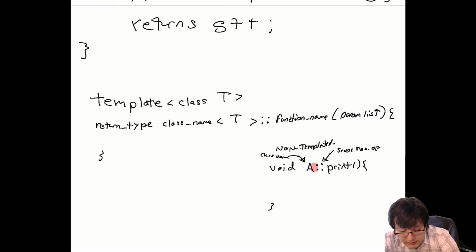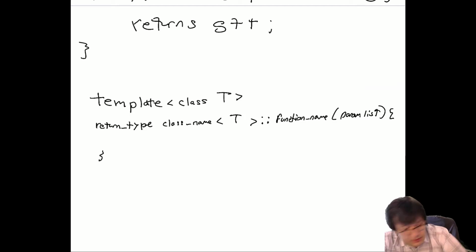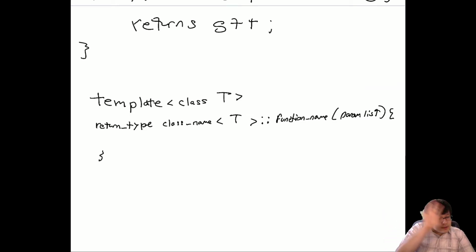I'm going to get rid of that because I don't want to confuse it. But that's a good little thing to have next to you. This is how you define a function outside of a class that is templated, that belongs to the class, so it's a member function. Again, you're going to put the word template, you put in the return type, the class name.